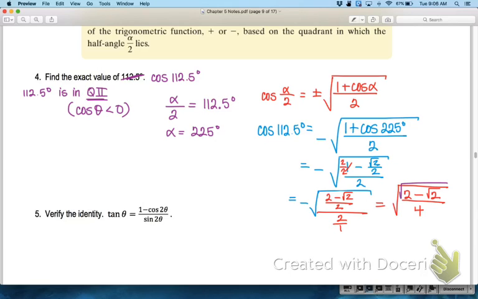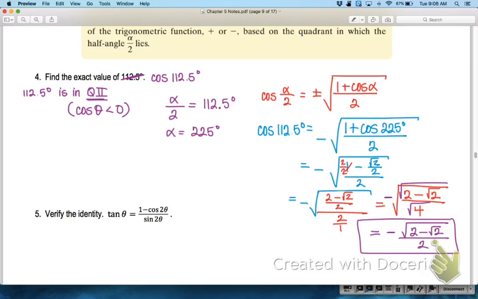Remember, we can treat this like two separate square roots. Oh, I dropped my negative. So this comes out to negative square root of 2 minus the square root of 2, over 2. That's the stuff nightmares are made of, right? You've got a square root under your square root.